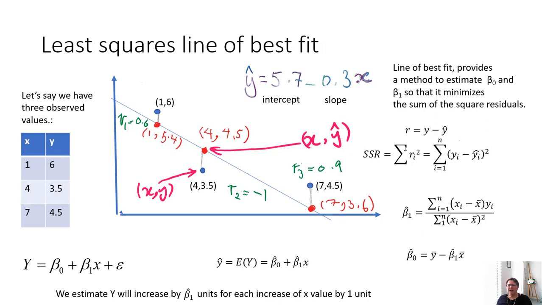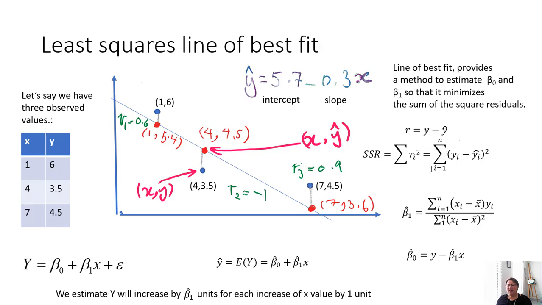Now, here we say that R, the residual, is Y minus Y hat. So, Y hat here is 5.4, but Y here for this point is 6. All right? But for this point, Y hat is 4.5, but Y is 3.5.